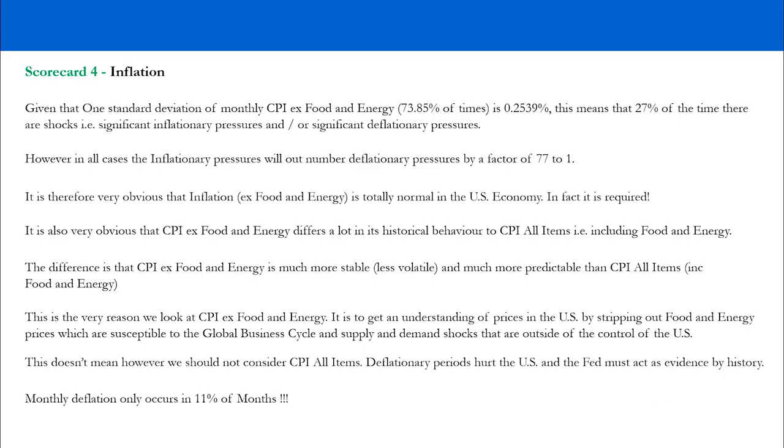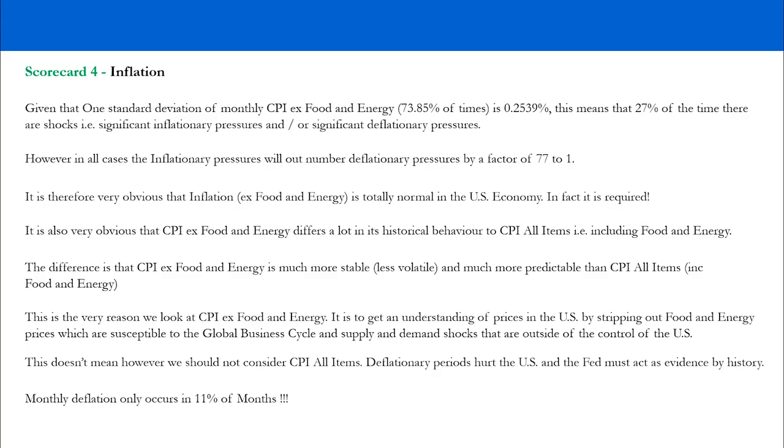Now, given that one standard deviation of the monthly CPI number ex food and energy occurs 73.85% of times, and that it's 0.2539%, this basically means that around 27% of the time there are abnormal situations outside of this range, and they can be considered as shocks.